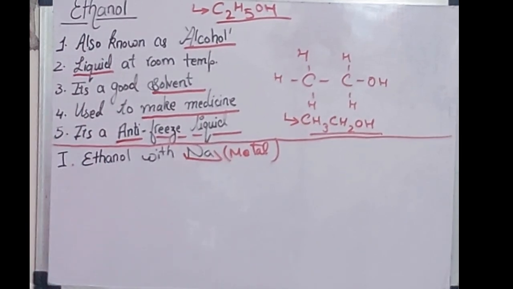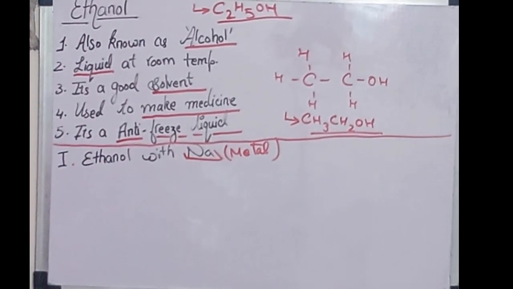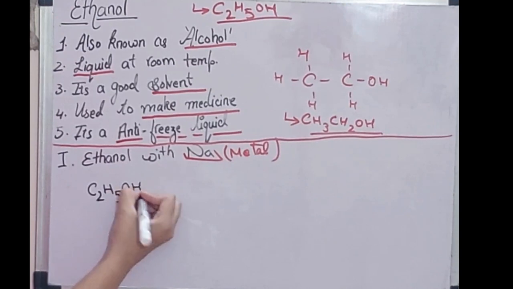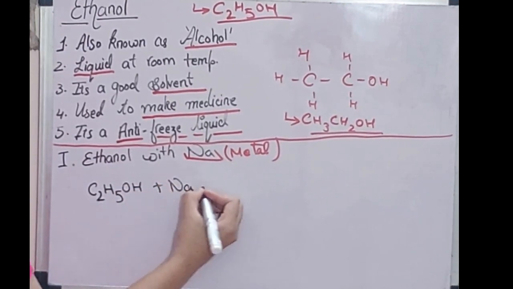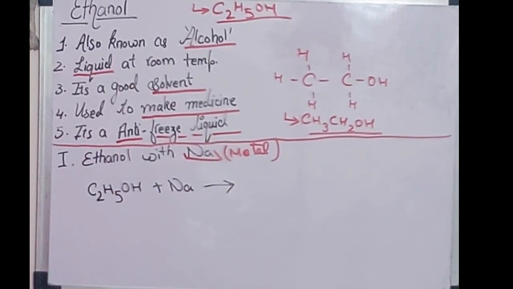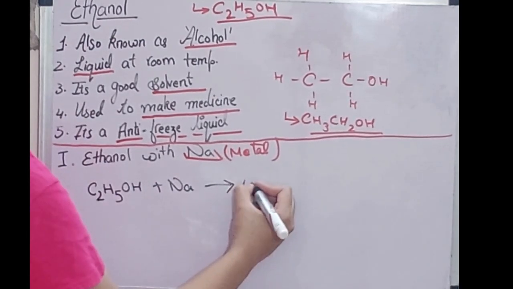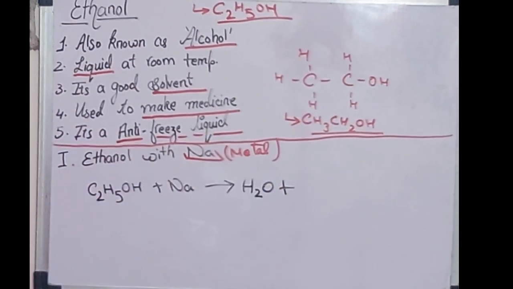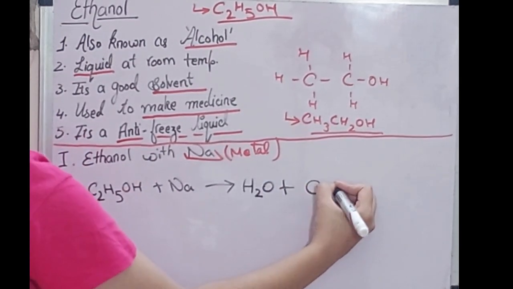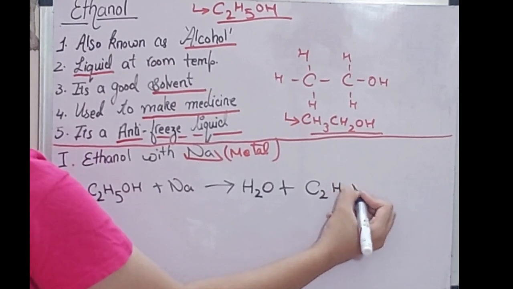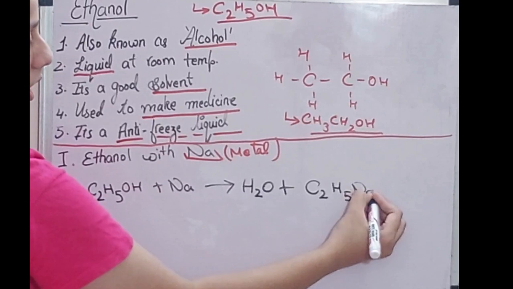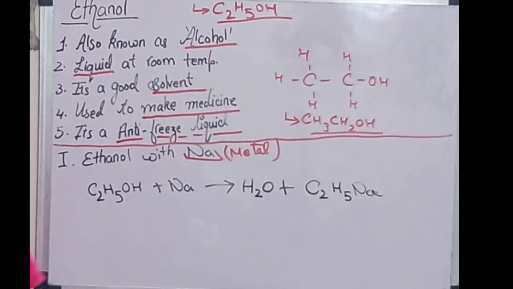So, ethanol is C2H5OH plus Na will give what? It will give me H2O plus C2H5ONa.